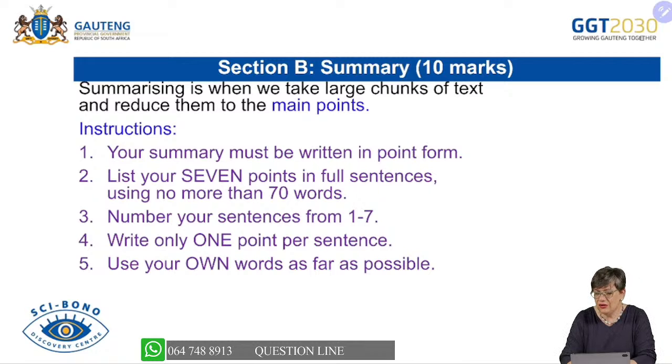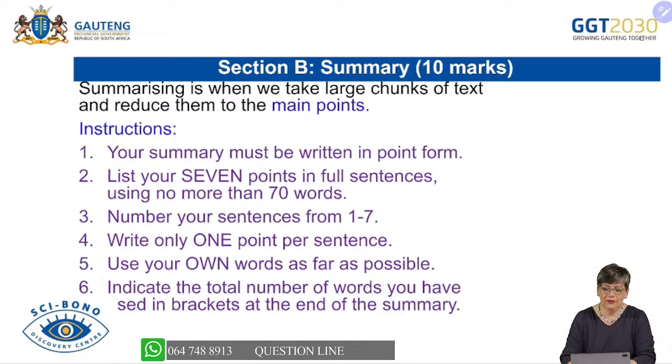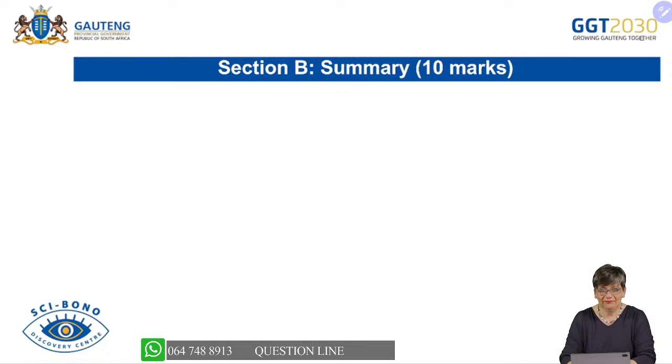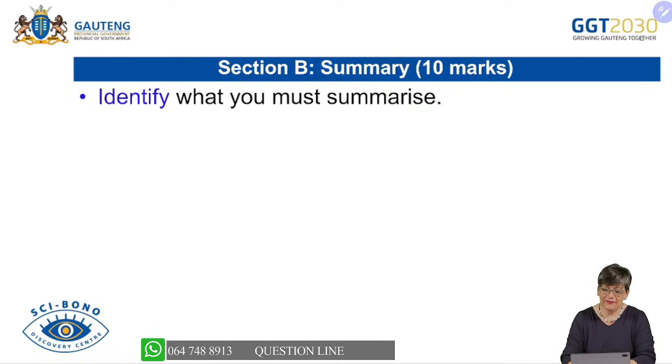So how do you do a summary? Well, it's really easy. But before you do, you have to remember, when you are done with your summary, you have to indicate the total. You can write less than 70 words, but you can't write more than 70 words. Now, here are the steps.